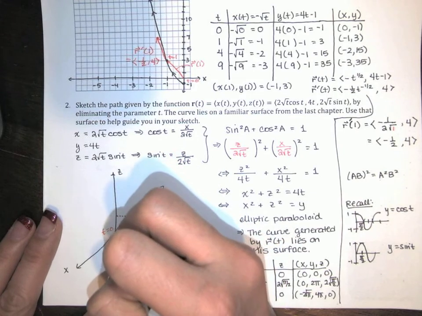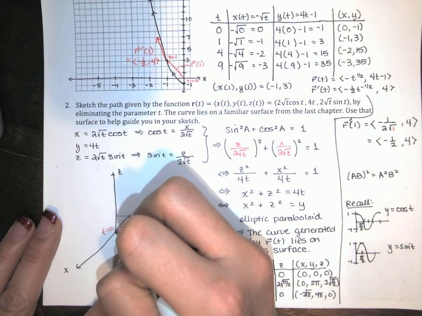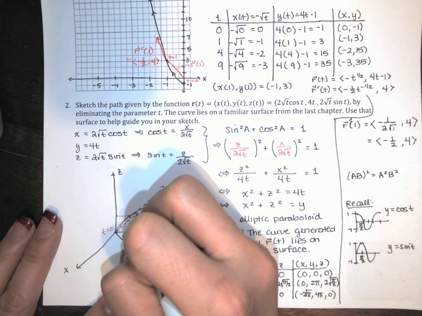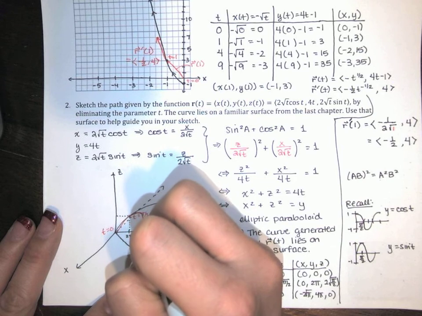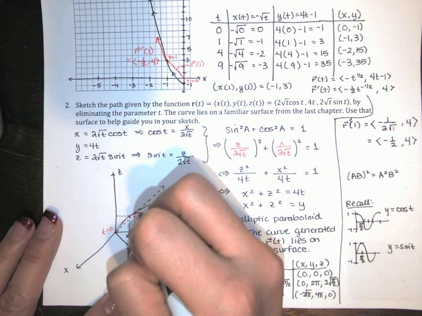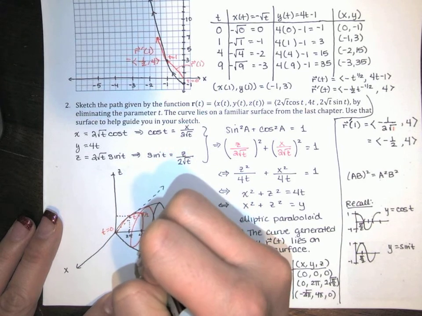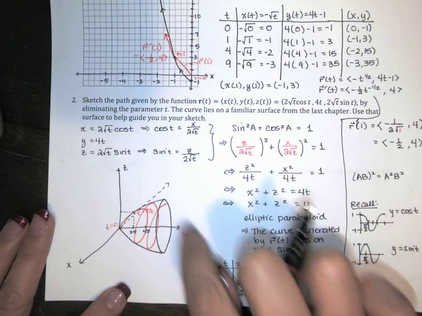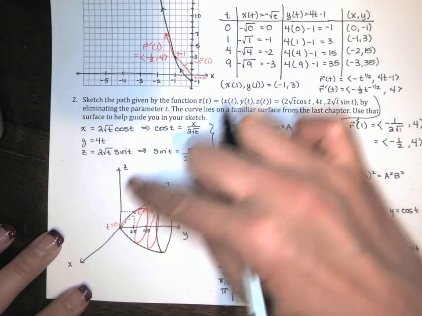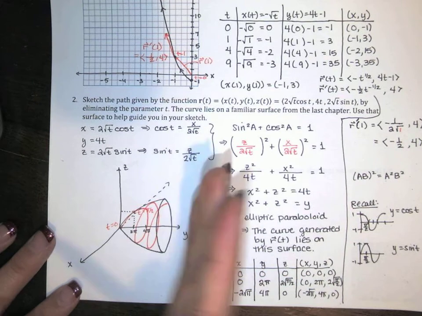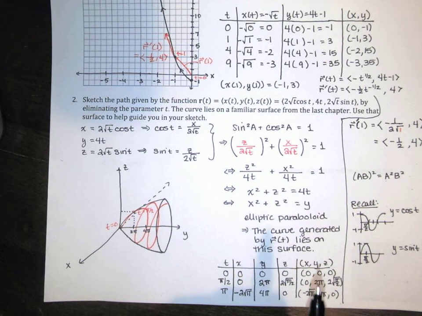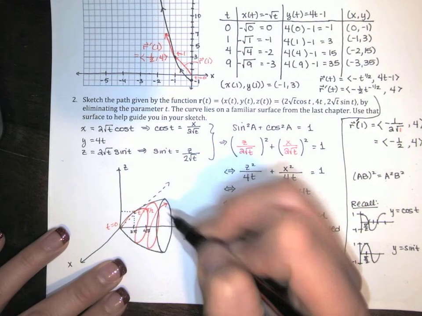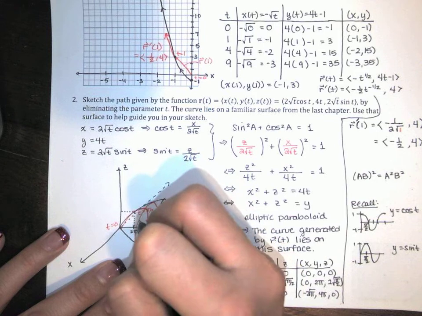So what ends up happening is we end up with something like this. Of course, this is not to scale, and I'm probably making it look sort of twisted. It's supposed to all be perpendicular to the y-axis. I'm not doing a very good job of indicating that.